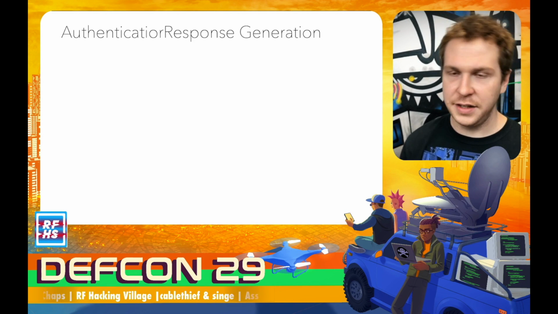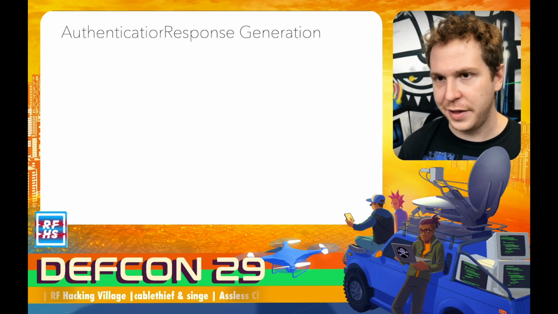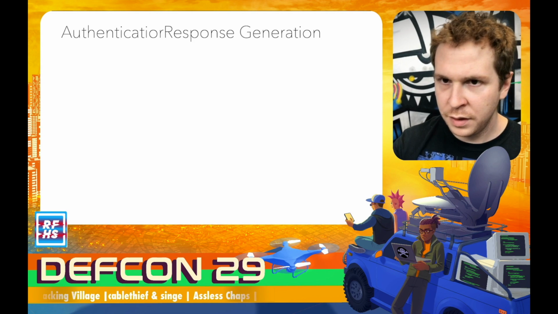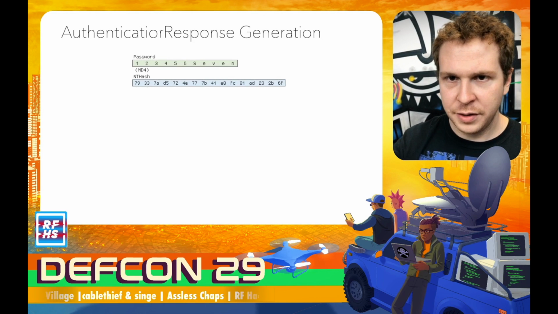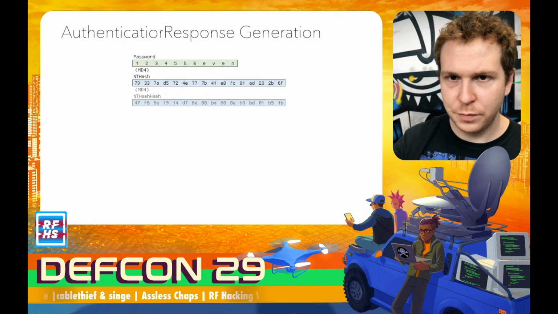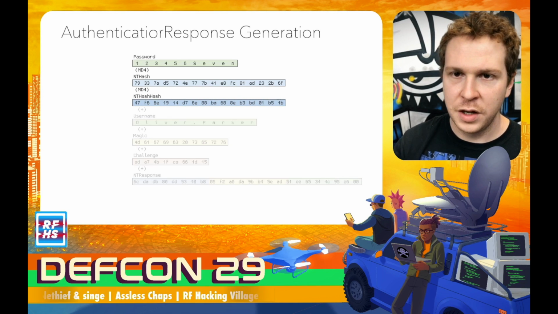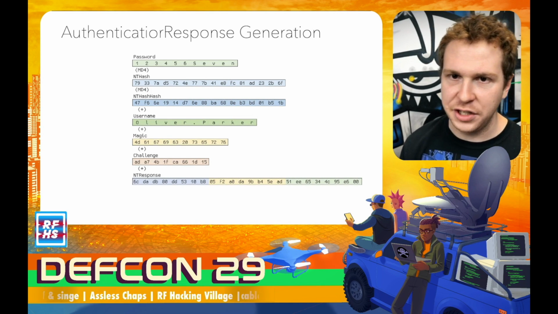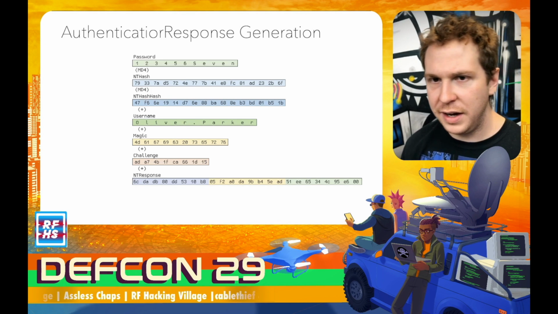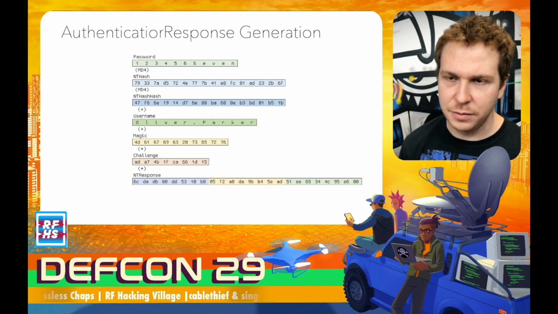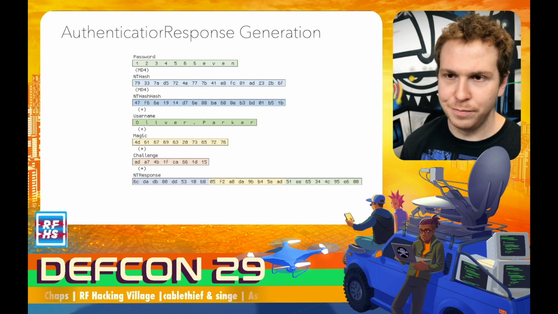From the authenticator side, so this is the Frenchman now proving to Arthur that he also knows the password. We take the password, we make it an NT hash, we hash it again for reasons. We take all the other random bits of information, so the username, some random static bytes. They're just in the RFC, so everybody knows them.